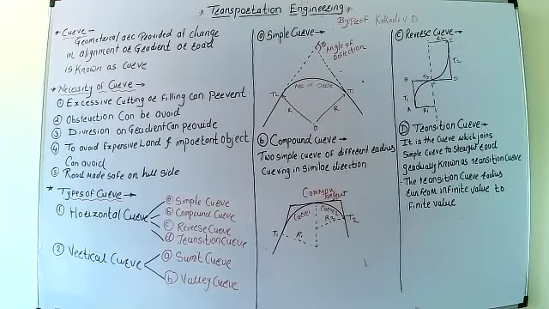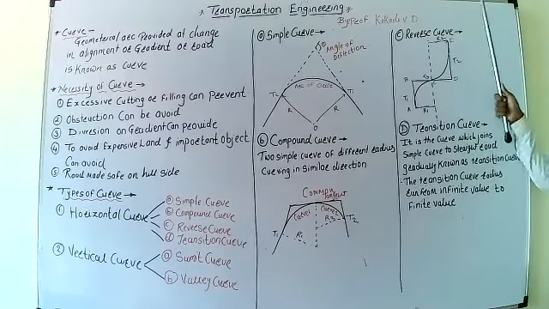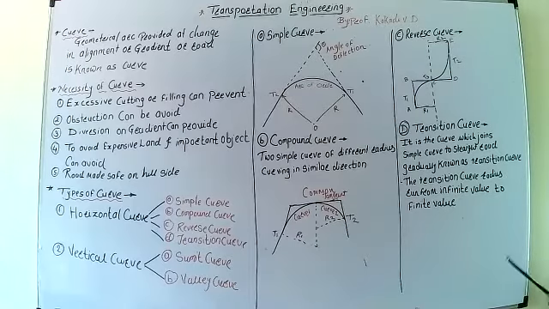The next curve is the reverse curve. Okay. Why is it called a reverse curve? Here two different curves connect to each other and turn in different directions, consisting of two simple curves having equal or different radius.